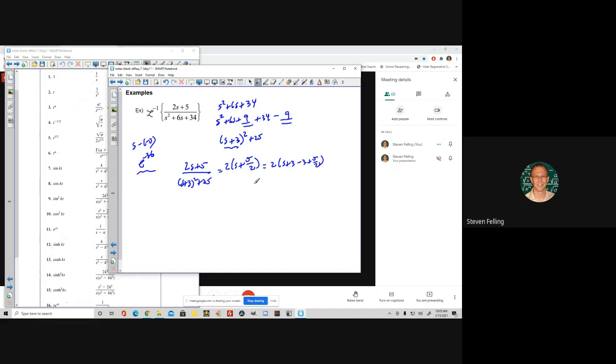Which means we end up with 2 times (s + 3) over (s + 3) squared plus 25, okay? And we've got 2 times negative 3 plus 5 halves, which is 2 times negative 6 halves plus 5 halves, which is negative 1 half times 2, which is negative 1. So you're going to have minus 1 over (s + 3) squared plus 25.